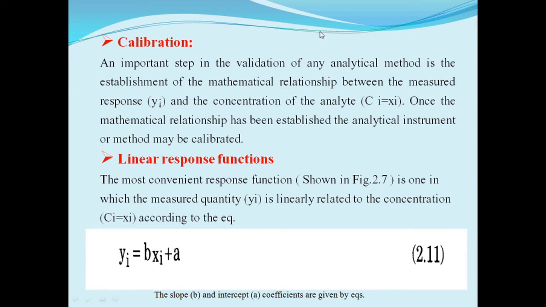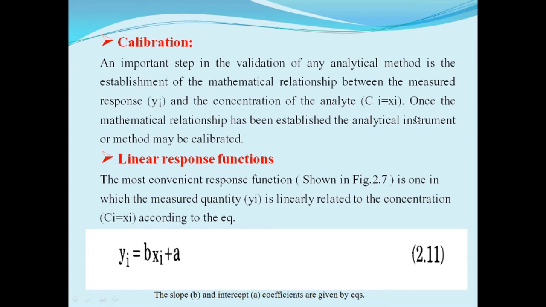Calibration, an important step in the validation of any analytical method, is the establishment of the mathematical relationship between the measured response yi and the concentration of the analyte, that is Ci, nothing but Ci is equal to Xi.